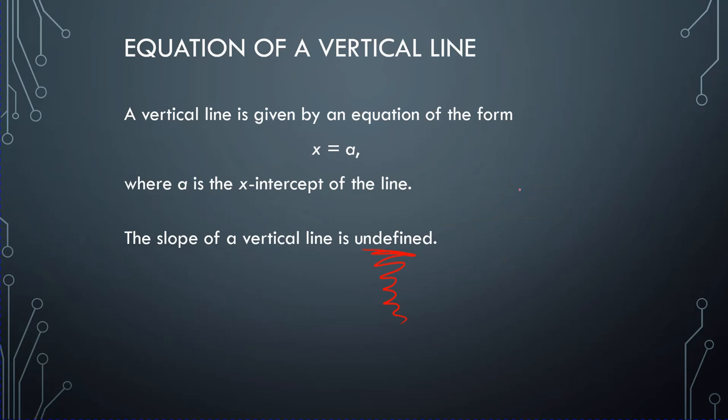With a vertical line, if I say graph the line x equals a, you just go to a, and then you draw a vertical line. The slope is undefined because if you pick 2 points on the line, the change in y is some amount, but the change in x is 0, and you can never divide by 0.